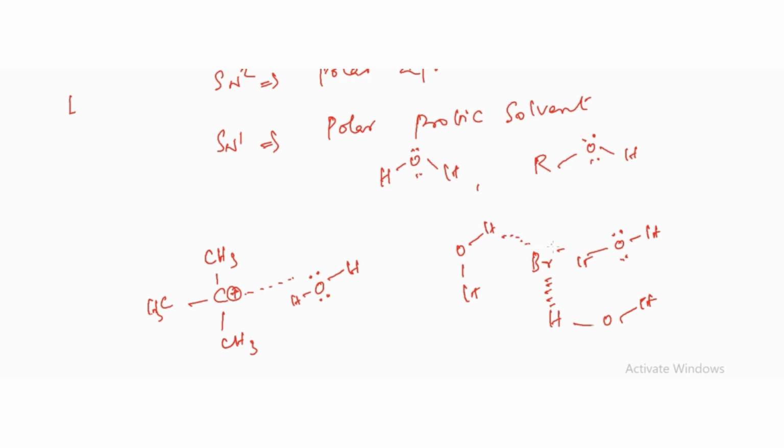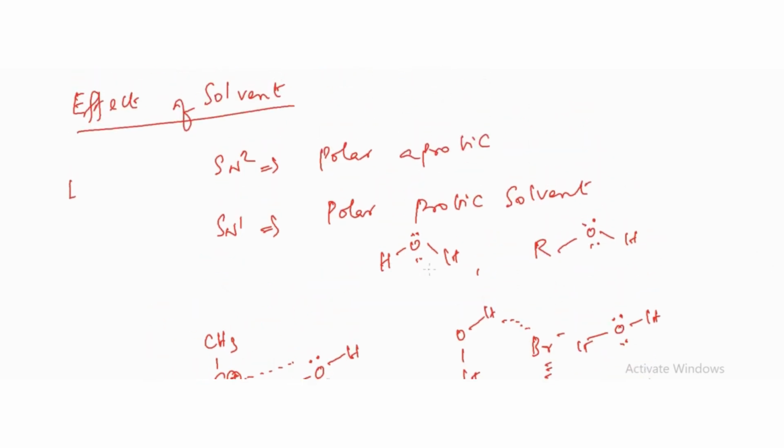So it will try to solvate. Thus the polar protic solvent can easily solvate this counter anion. So that is why we prefer the polar protic solvent for SN1 reaction.